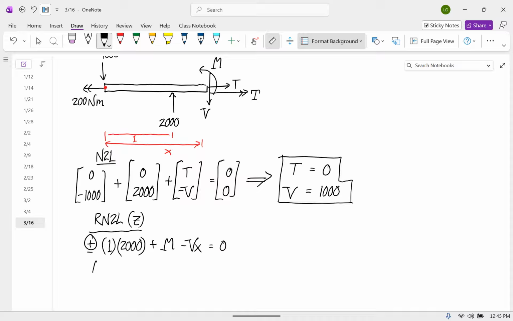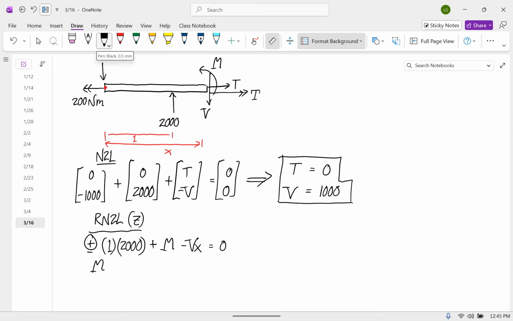Is M always going to be, are you always going to put it as positive in the equation? Yeah, because we always have it defined as counterclockwise. Okay. And that V always has a moment arm of x and would always make it rotate clockwise around the red dot. So that's why those two always appear as plus M minus Vx.